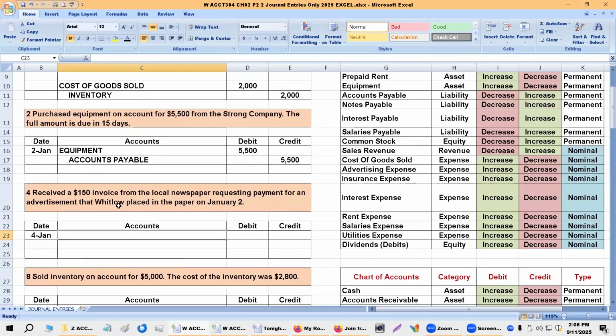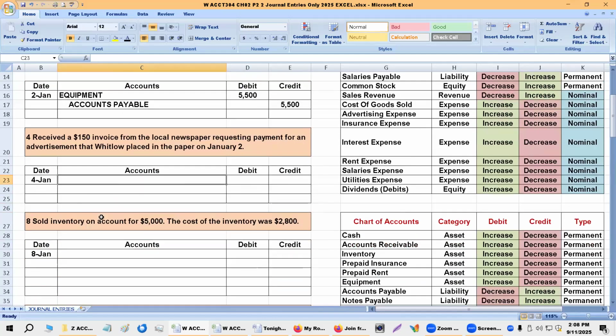Okay, so what would the journal entry for that be? Advertising expense, debit, and credit accounts payable. They received it, they didn't say they paid it yet.